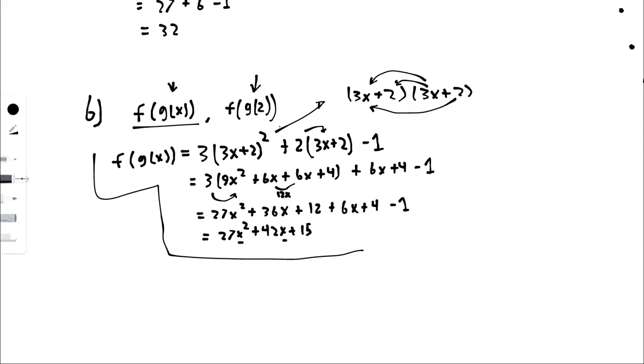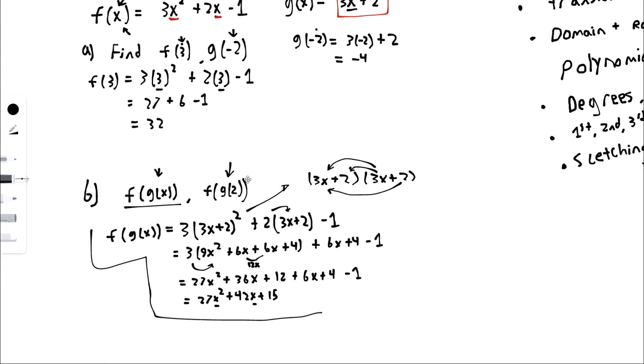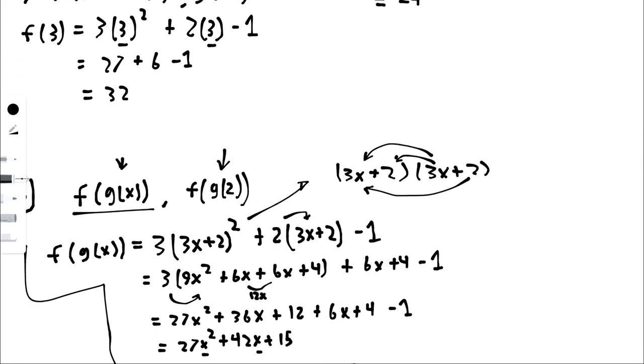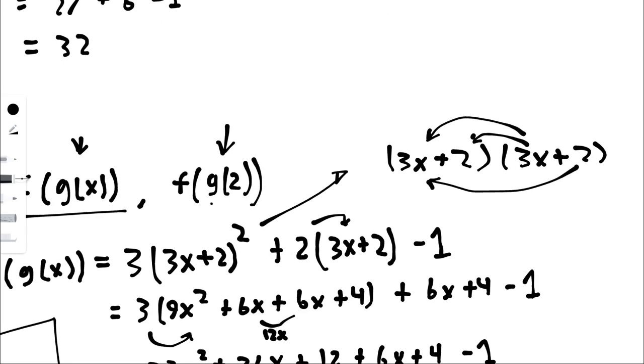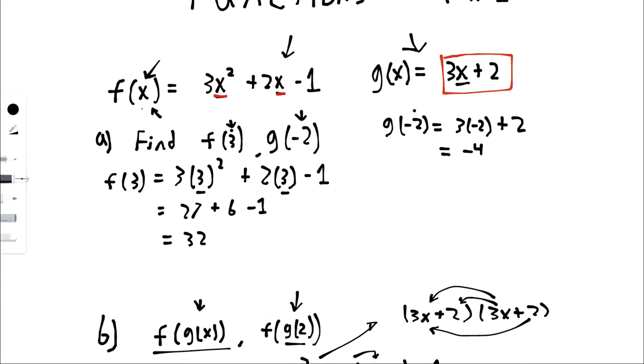So we're going to instead start from scratch. f of g of 2 is basically saying whatever value g of 2 is, replace all the x values in f of x with that value.